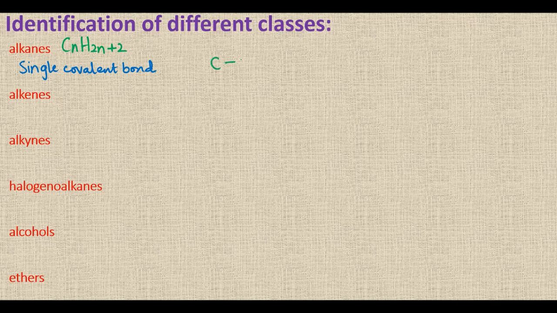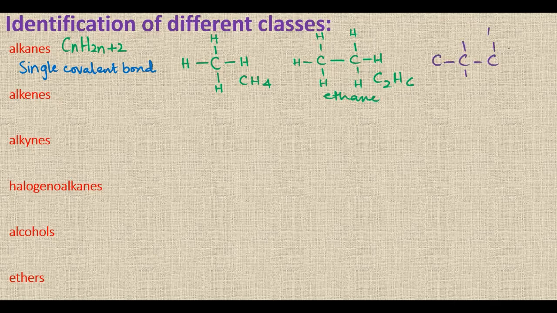The first alkane is methane, which contains 1 carbon atom attached to 4 hydrogen atoms by single covalent bonds, having the molecular formula CH4. The second member of this homologous series is ethane, with a molecular formula of C2H6, and so on. Similarly, we have propane containing 3 carbon atoms and 8 hydrogen atoms.